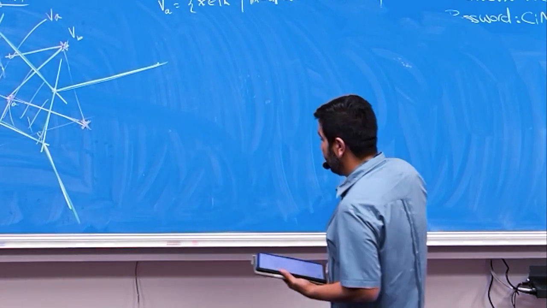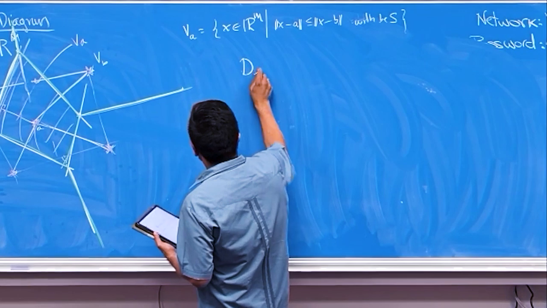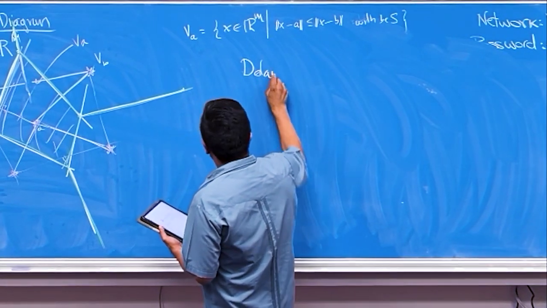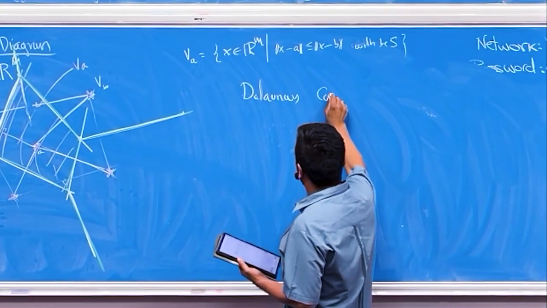Okay. From this diagram, we can construct something that is called, I don't know how to pronounce this, I think the Delaunay complex.